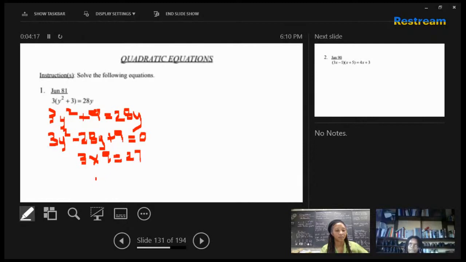And that's going to be negative 27 and, wait, minus 1. Negative 27 minus 1, which is right. Okay, so it would be 3y squared minus 27y minus y plus 9 equals 0.